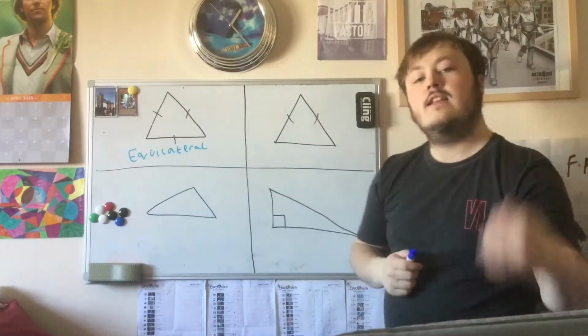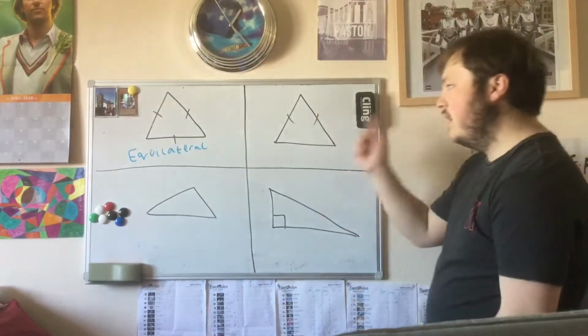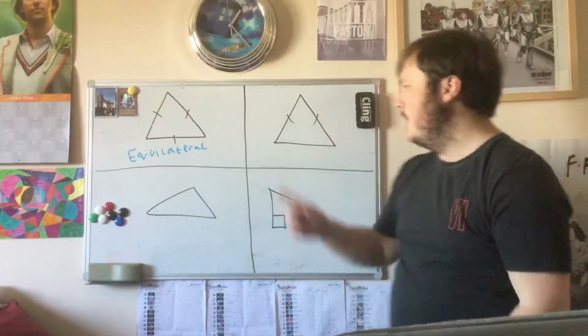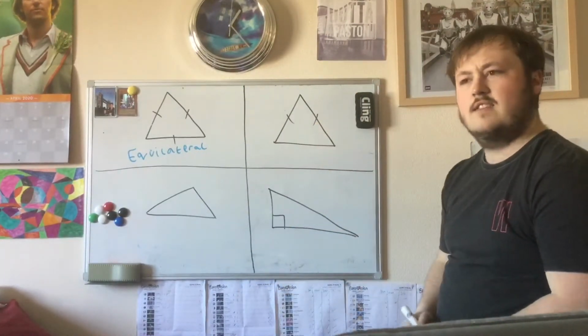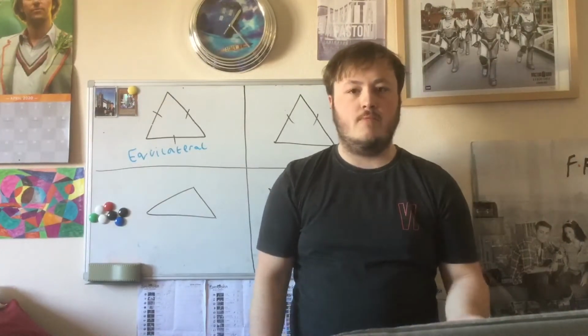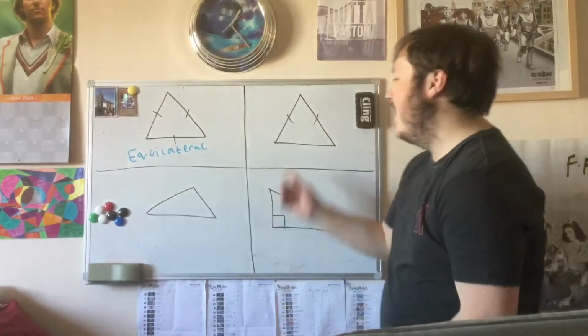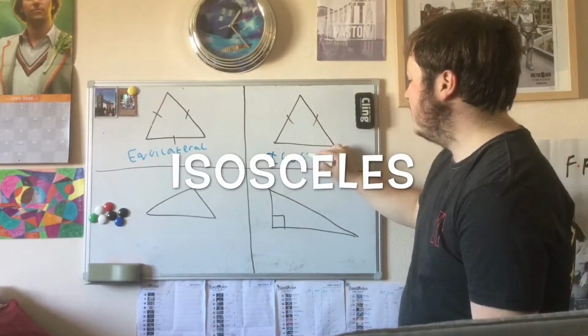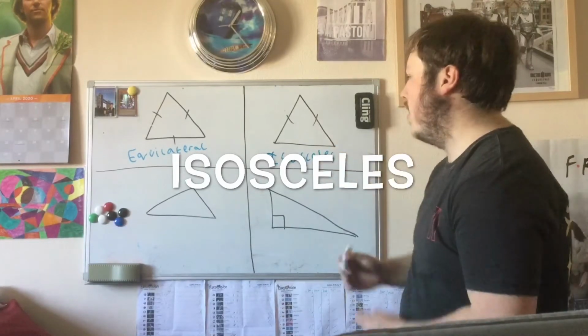It's an equilateral triangle. Now this one, only 2 of the sides are the same because there's only 2 of these little lines. Now that's not called a duolateral, a duo... I can't improvise. This is known as an isosceles triangle.